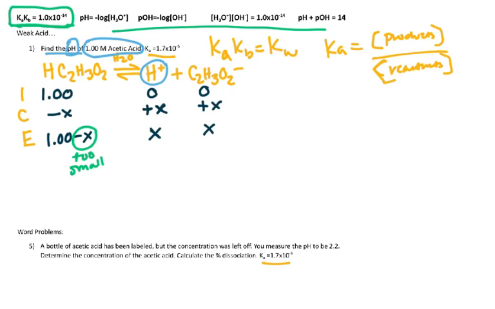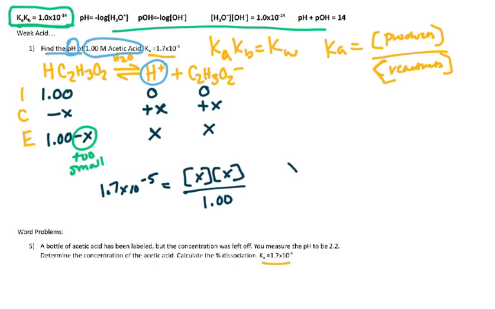So that's the assumption we make. When I write my equilibrium expression, I have Ka, which is a constant. My Ka is 1.7 times 10 to the negative 5. And that's going to equal the concentration of my products. So that's x times x, or x squared, over 1. Because again, I'm going to assume that that subtraction is too small.